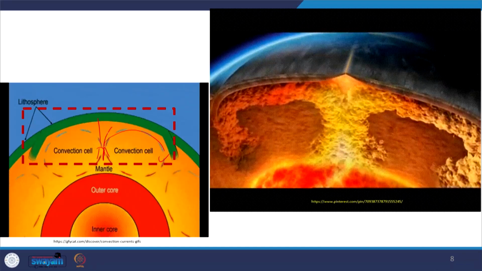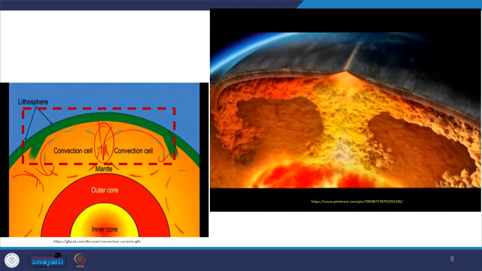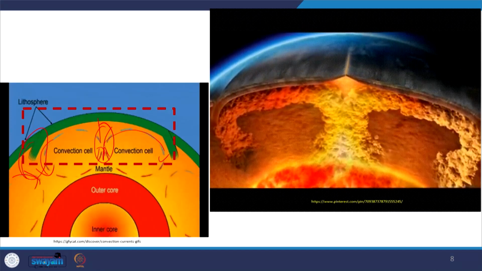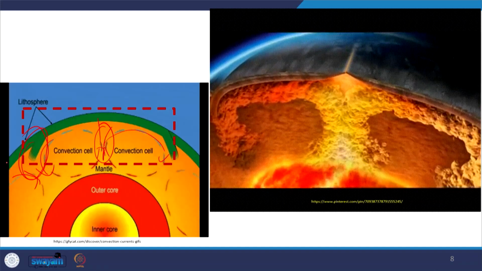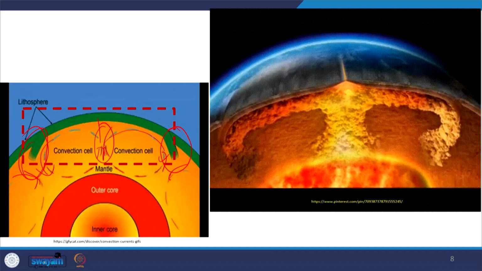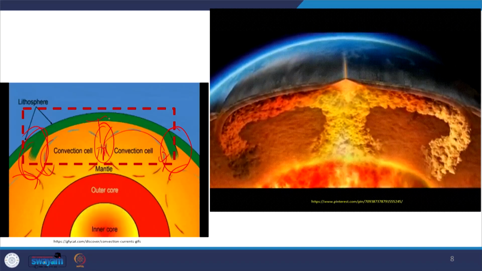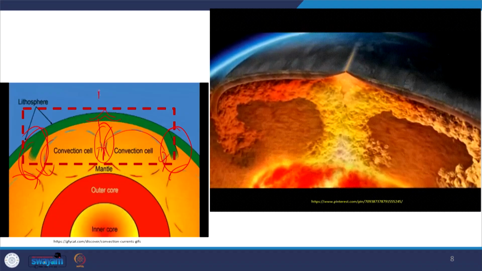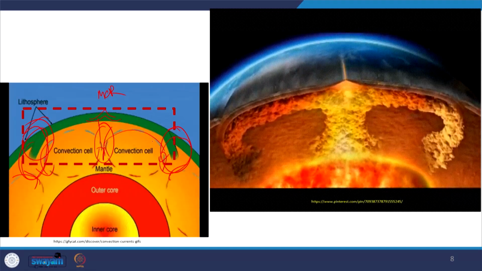This is the upwelling region and this is the downwelling region. The downwelling regions represent the subduction zones, and the upwelling region represents the development of the mid-oceanic ridge. You will find the MOR, mid-oceanic ridge here, and subduction zones here.